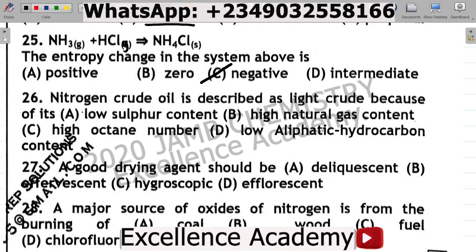For question 26, the correct answer is A, low sulfur content. Light crude oil, also called sweet oil, is a type of crude oil with low sulfur content. In a way, it costs less to be refined. So the correct answer there is A, low sulfur content.